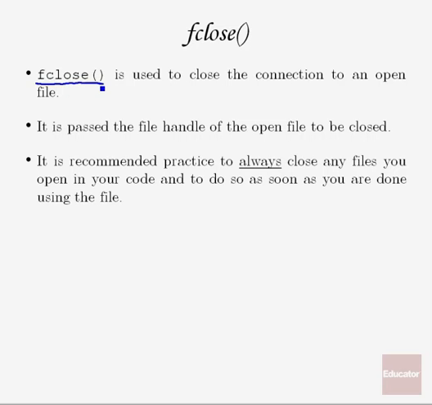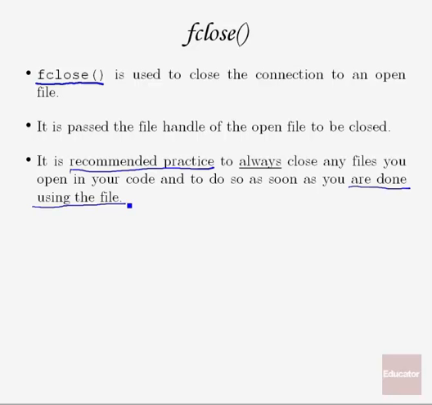Now, some people don't always close a file after they're done using it, but it's a recommended practice that you always close any files that you've opened in your code, and do so as soon as you're done using the file. Part of the reason for that is something known as file locking. Typically on a computer, only one process or program can access a file at the same time.